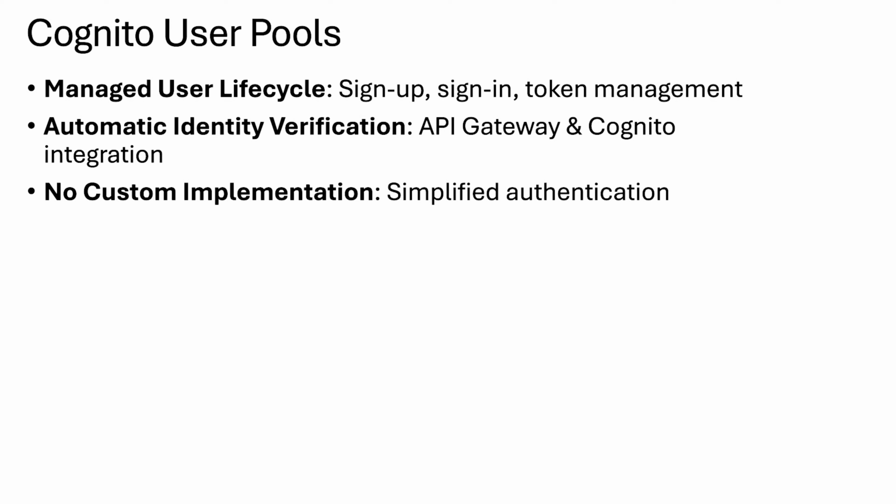If you say I am using a Cognito user pool and provide that Cognito user pool's ARN, then API Gateway simply takes that token from the request and authenticates and authorizes. No need to write any custom code here. This authentication is managed by Cognito user pools and authorization is handled by the API Gateway methods itself. So you don't need to write any customization here.